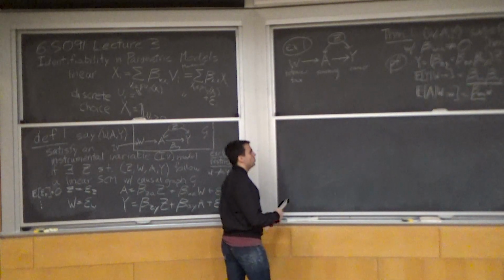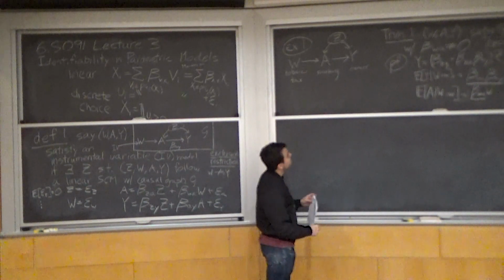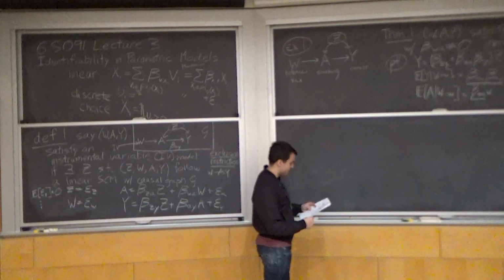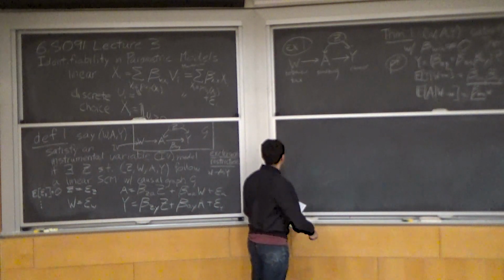Okay. So the second model that we're going to consider in this linear setting is the proxy variable model.